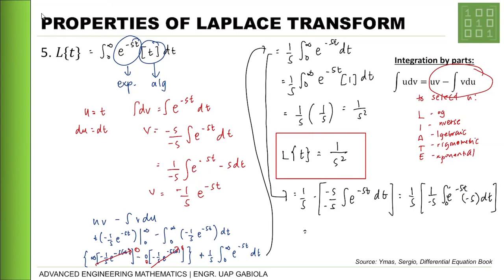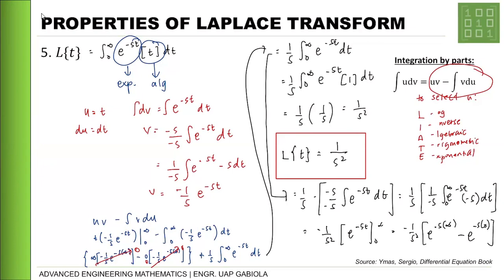So, what is inside the integral is now satisfied. So, we will have 0 to infinity, right? So, these two we can now multiply. So, this will be negative 1 over s squared times our e^(-st) evaluated from 0 to infinity. So, negative 1 over s squared multiplied by e^(-s times infinity) minus e^(-s times 0).